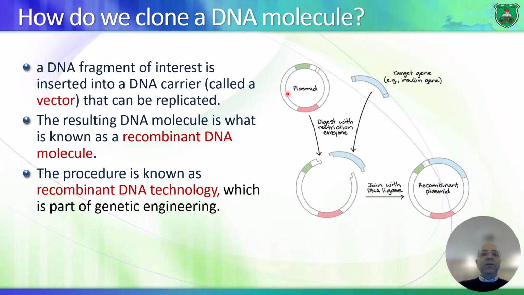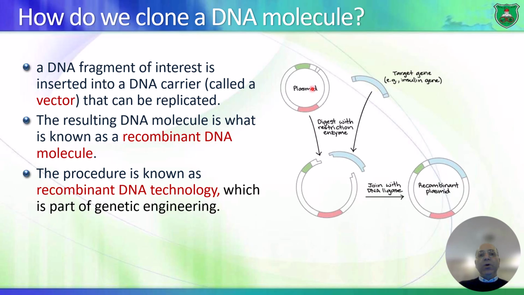So we take these plasmids, which are circular, and we open them up with a restriction enzyme. We also take the target DNA and add the same restriction endonuclease. So now both the plasmid DNA and the fragment DNA that we're interested in cloning have cohesive ends, and these cohesive ends are complementary to each other.